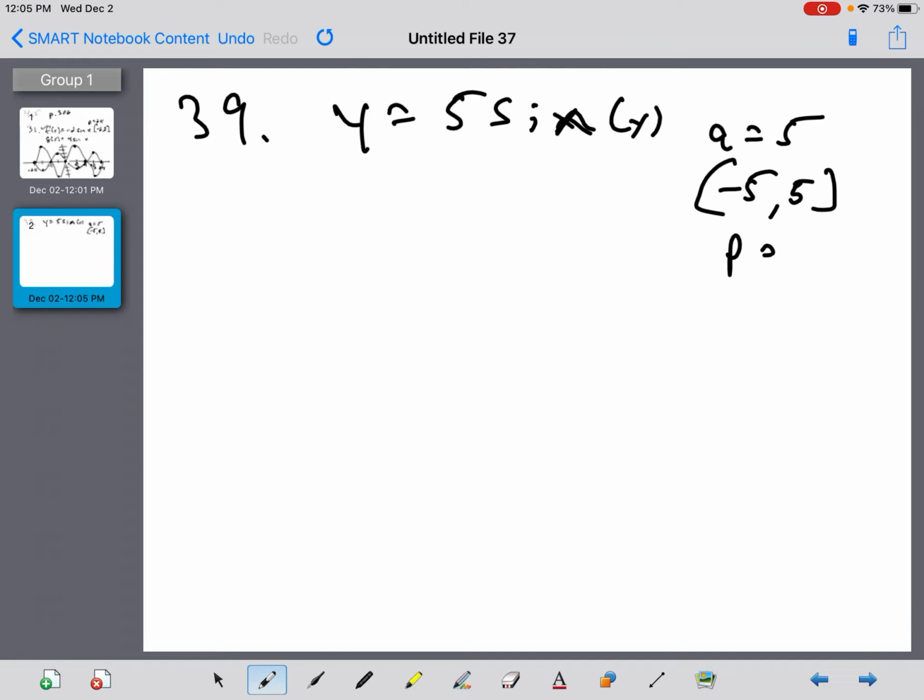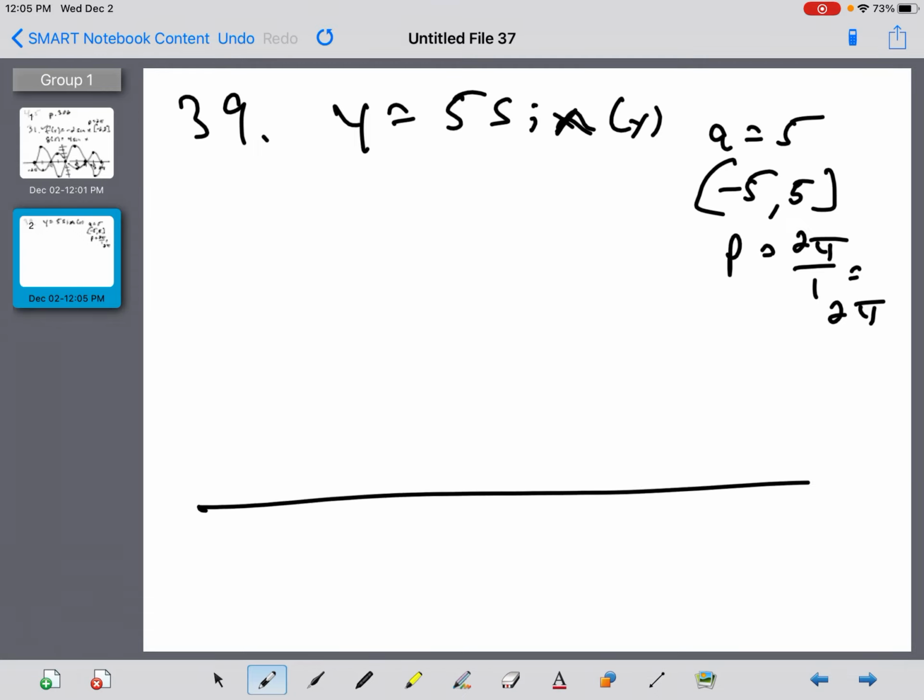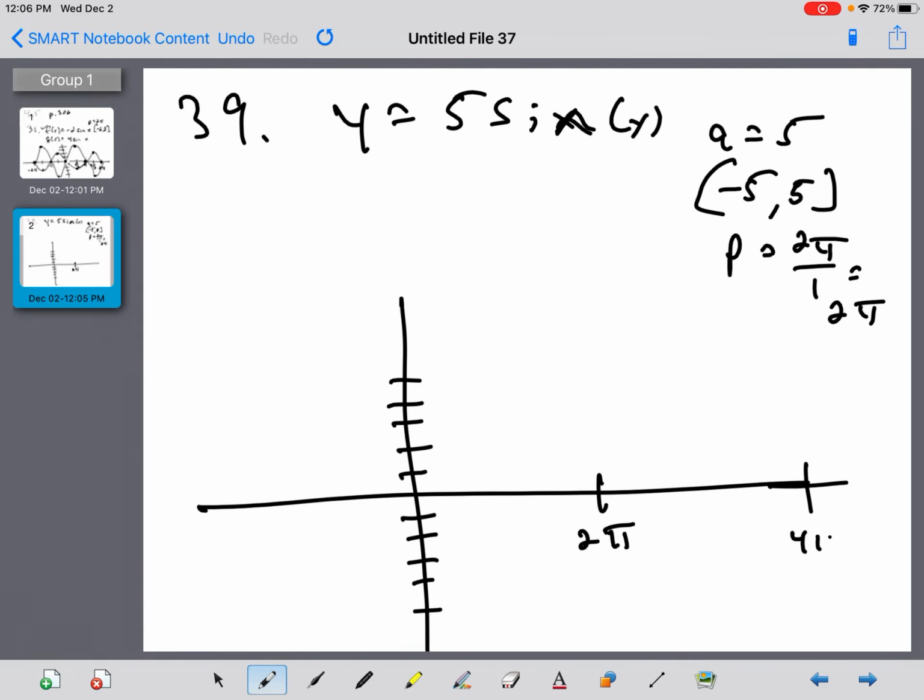My period is 2 pi over b, so my period is going to be 2 pi. So if I'm supposed to do 2 full cycles of the graph, here I'm going to do 2 cycles on this side. So there's 2 pi and there's 4 pi.